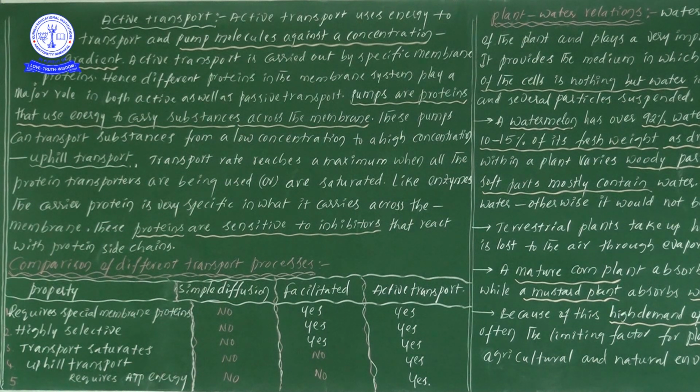But in active transport, what do we observe? Active transport uses energy to transport and pump the molecules against the concentration gradient. Against the concentration gradient means the movement of ions takes place from the lower concentration to higher concentration.